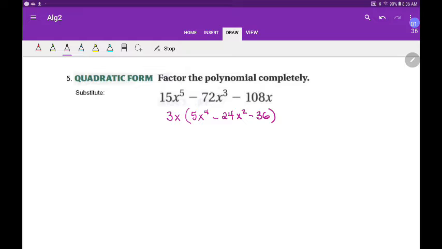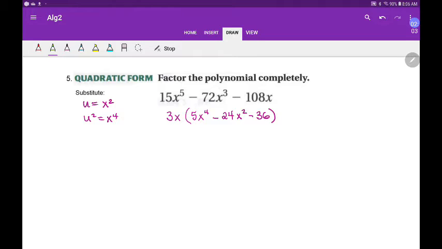So we were hoping to see this in quadratic form, but it's not. I mean, it is, but it's not. So here's what we're going to do. Let's substitute u for x squared, okay? So that means that u squared is equal to x to the 4th, right? Okay, so let's go ahead and substitute.